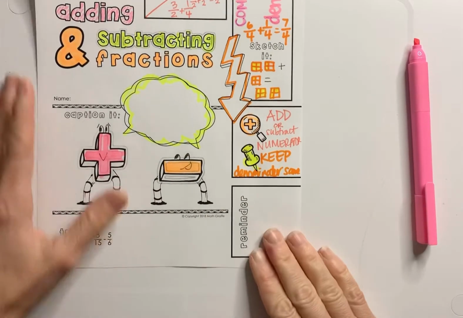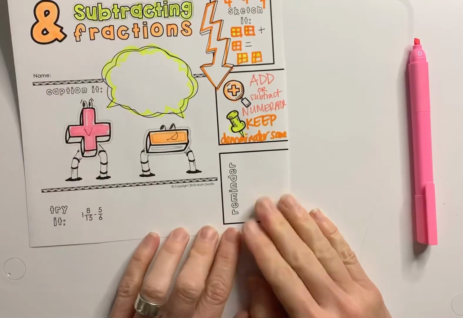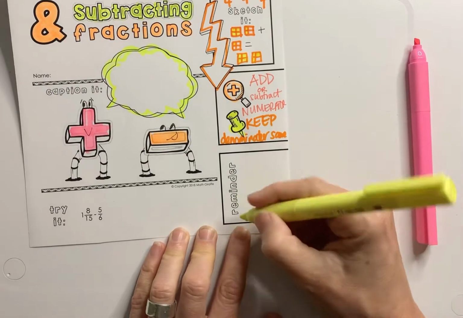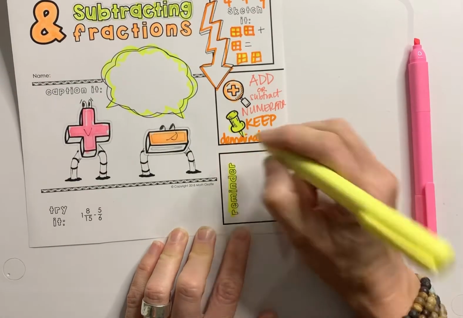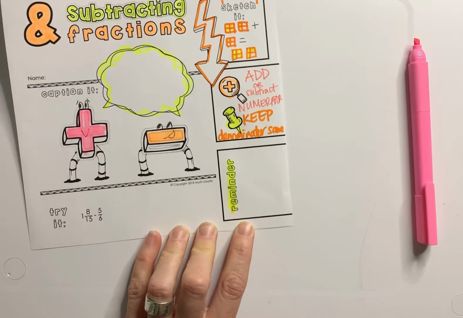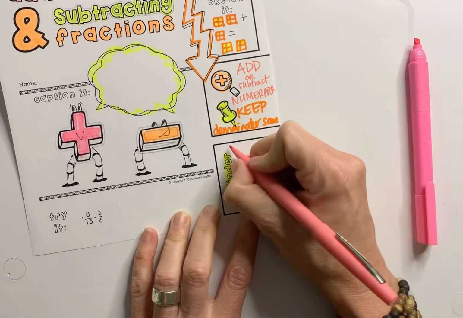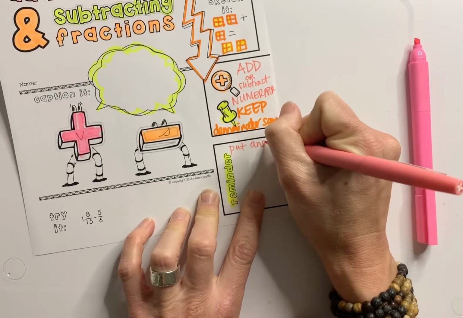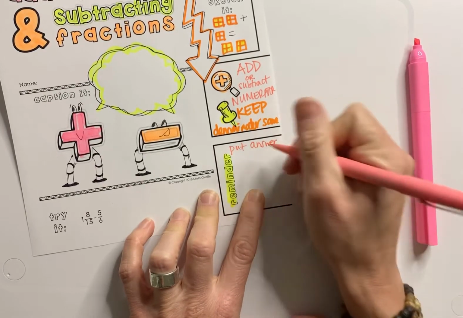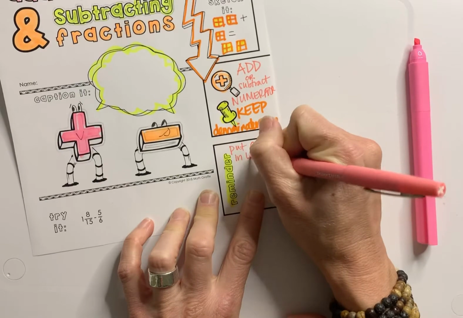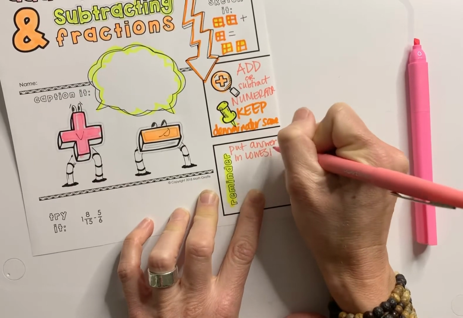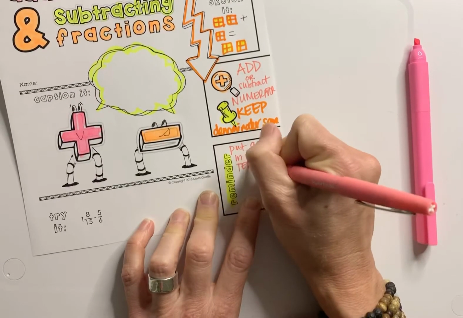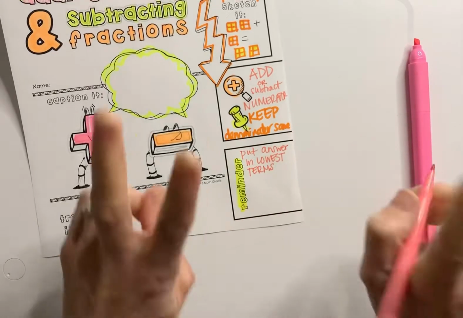Okay, now the last thing we're going to do is the reminder. We are going to put that fraction into lowest terms. Put answer in lowest terms. You'll also know that as simplifying.